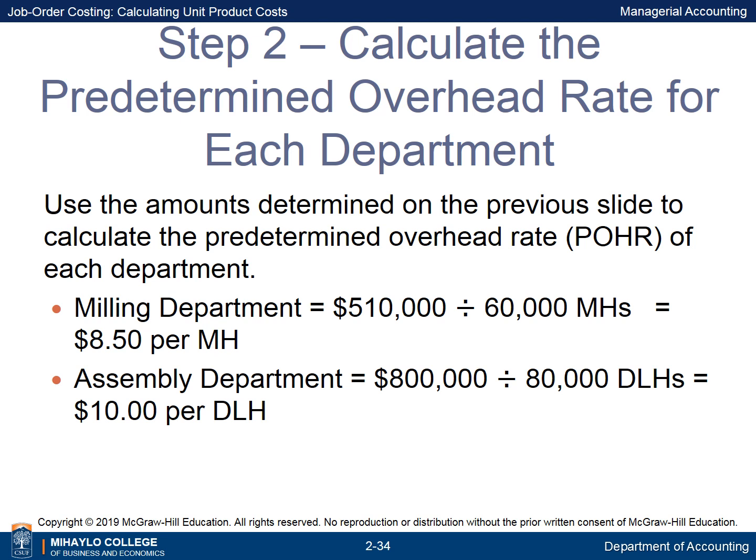Use the amounts determined on the previous slide to calculate the predetermined overhead rate of each department. Milling department equals $510,000 divided by 60,000 MHs, or $8.50 per MH. Assembly department equals $800,000 divided by 80,000 DLHs, or $10 per DLH.